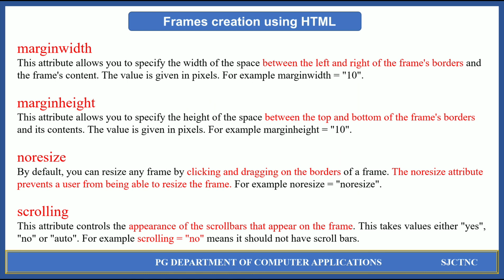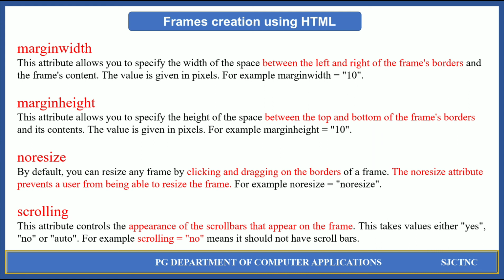Then margin width. This attribute allows us to specify the width of the space between the left and right of the borders. That is, the left and right of the frame border having a width.